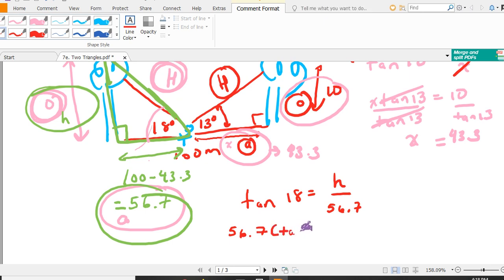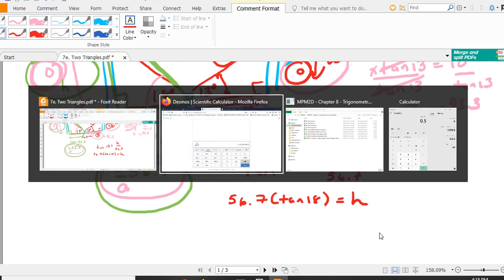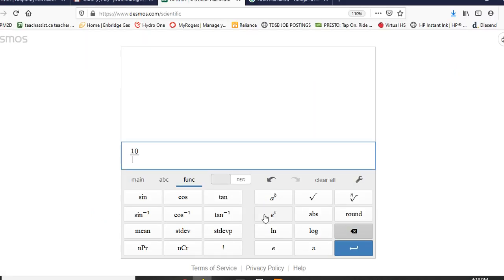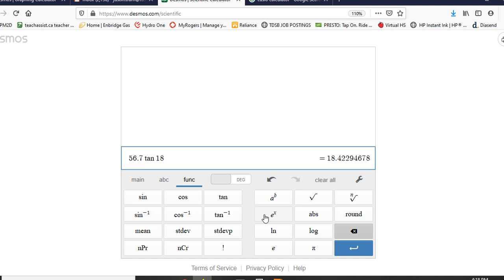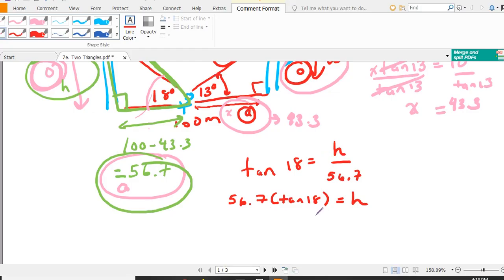Tan 18 times 56.7 equals h. And what does that give me? 56.7 times tan of 18 gives me 18.43. That equals the height of the tall tree.